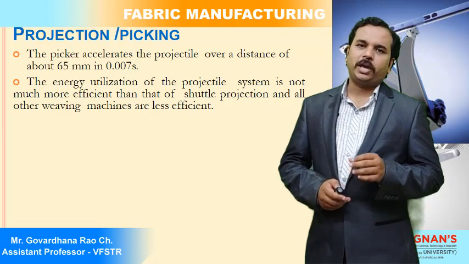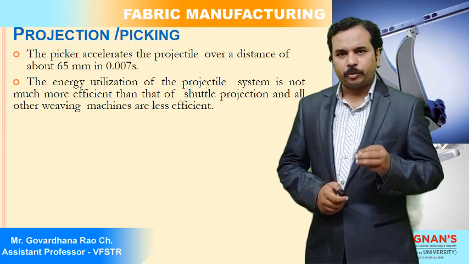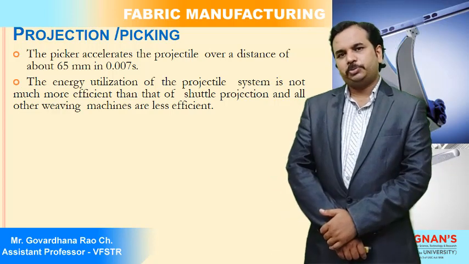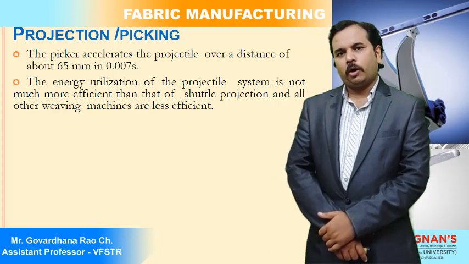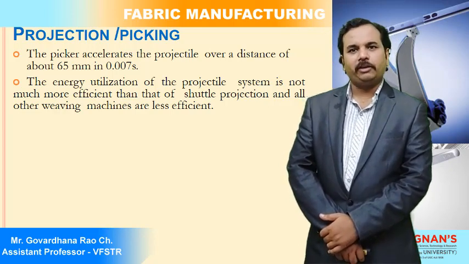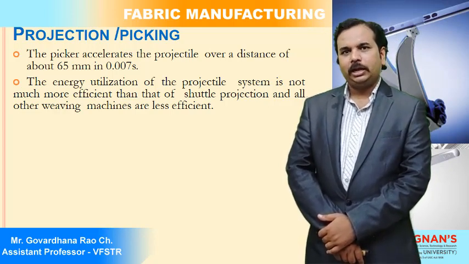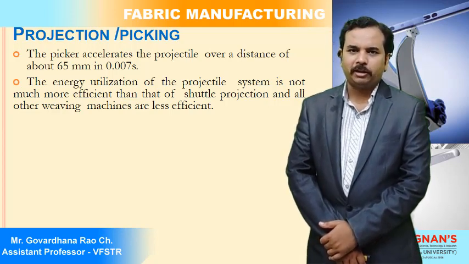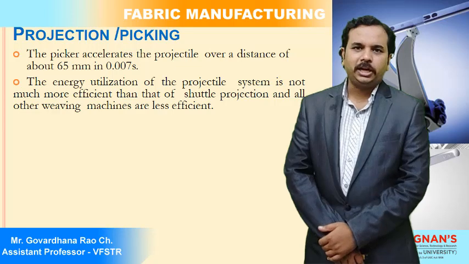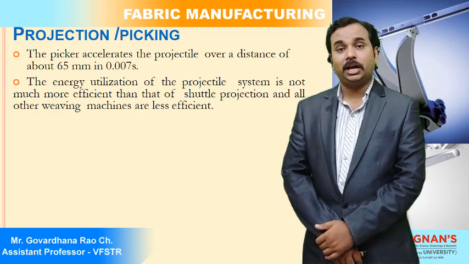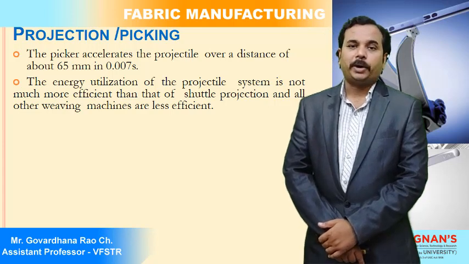If we have a projectile weaving machine running at a speed of 400 picks per minute, how can we calculate the time for one pick? You can calculate: 60 divided by 400 is the time for one pick.